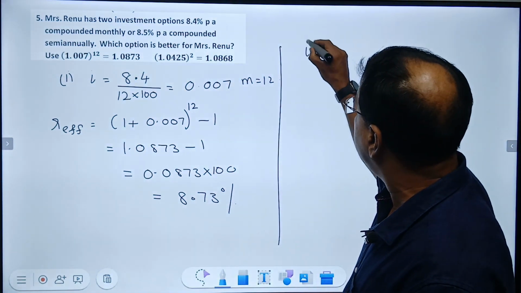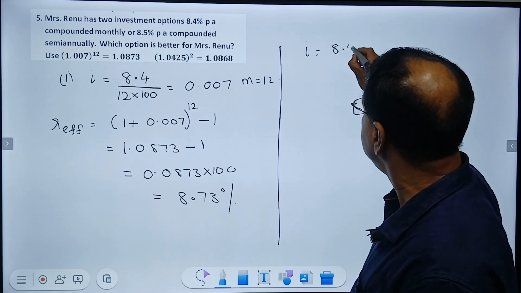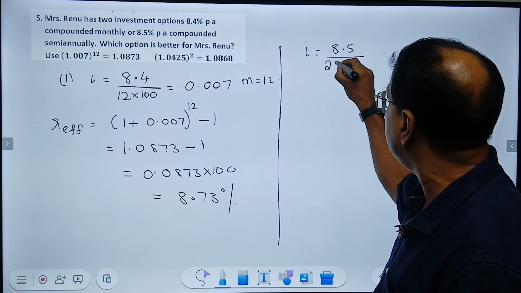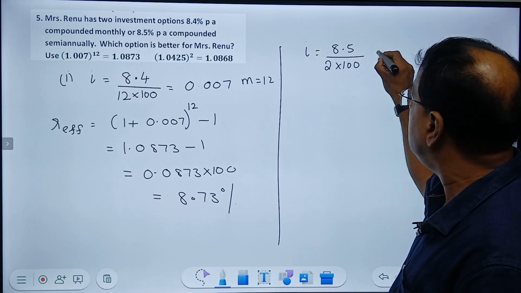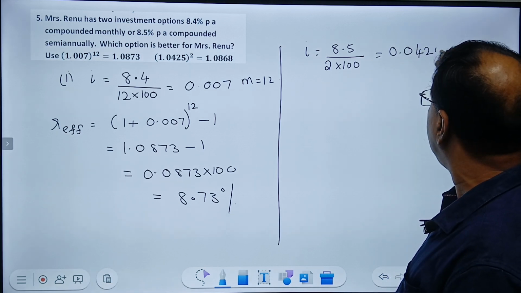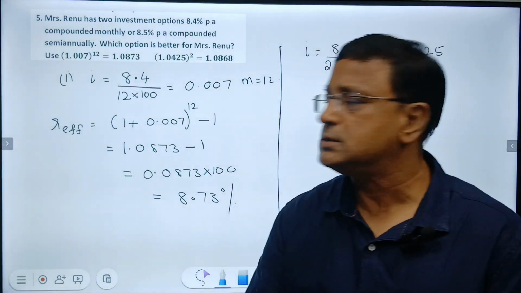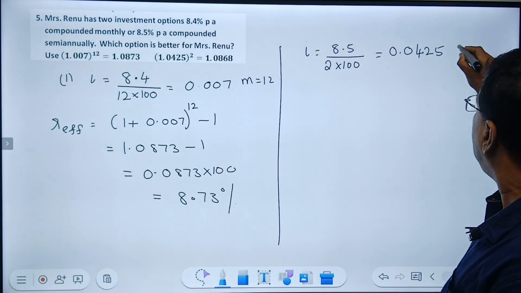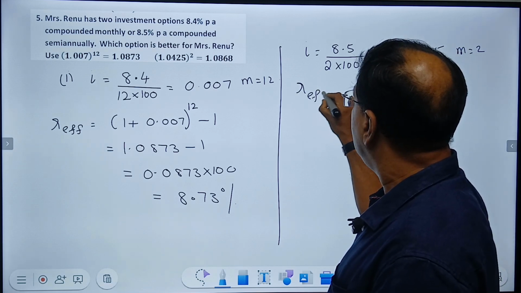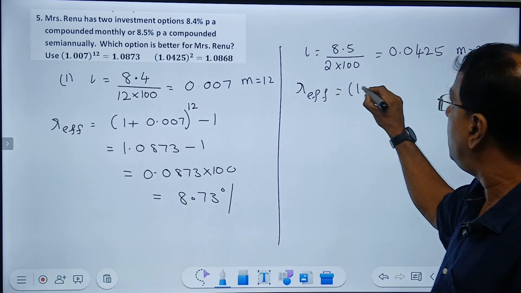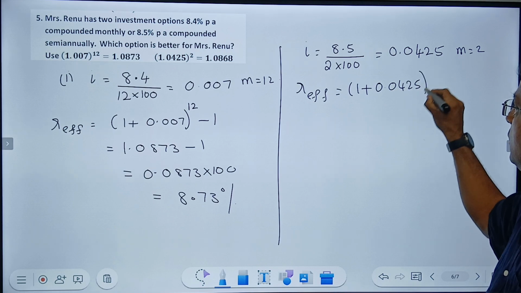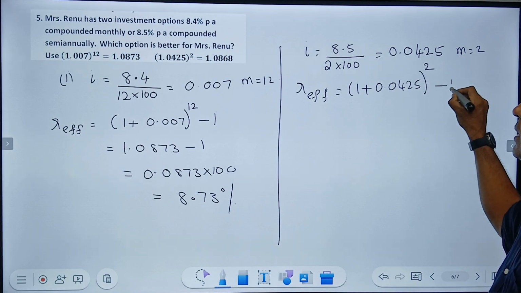Now, what if my interest is 8.5% compounded semi-annually? So I have to divide by 2. So it will be 0.0425. You can divide it and see. I think it's not so difficult. And M is 2. So what is R effective? R effective will be 1 plus 0.0425 whole power 2 minus 1.